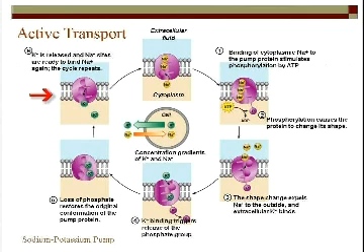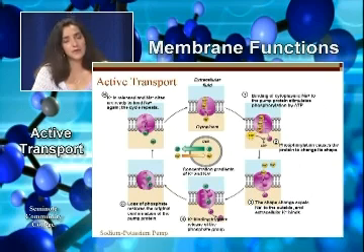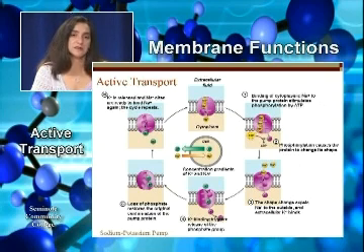This process of active transport requires both the protein as well as energy to transport these molecules against their concentration gradient. Now, once again, let's see a video actually describing this process and showing how those proteins move the sodium ions out of our cell.